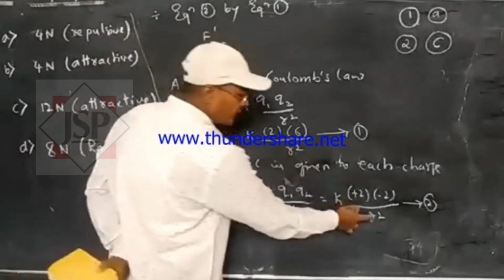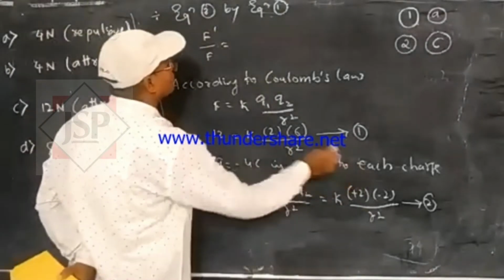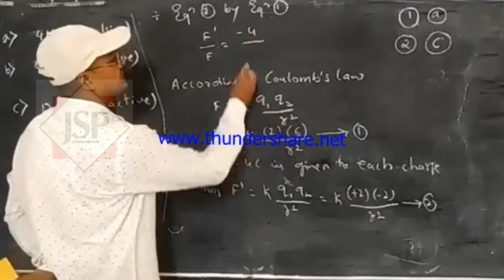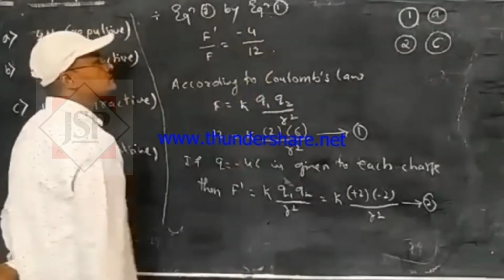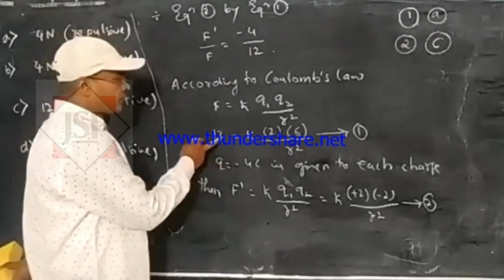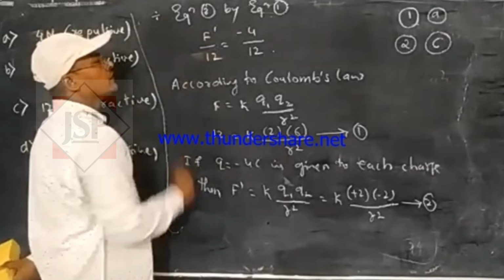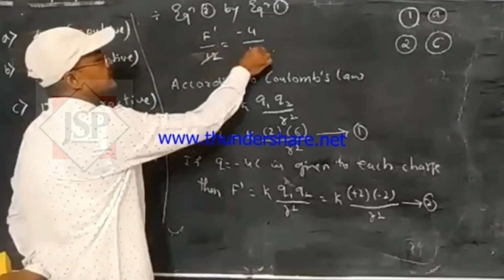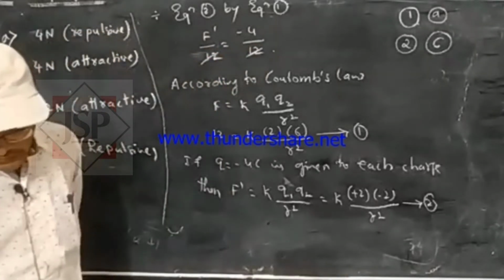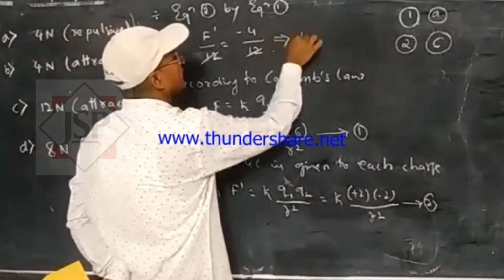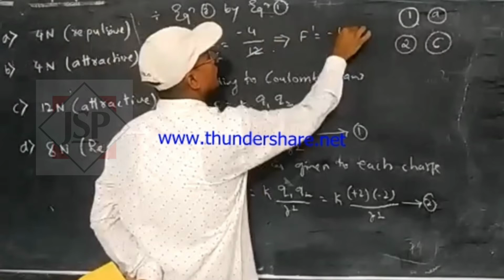This R square also gets cancelled. 2 into 2 is minus 4, and 2 into 6 is 12. Now we already know the F value, so that value of F we can write here. This gets cancelled. F dash equal to minus 4 Newton.